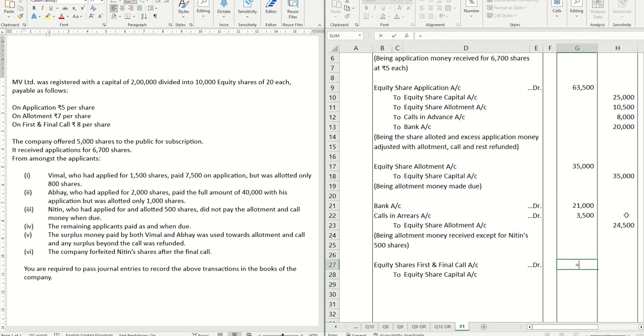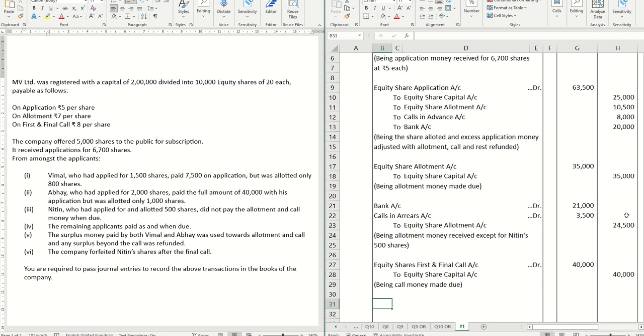Amount would be again 5,000 shares into 8 per share, which is 40,000, being call money made due.